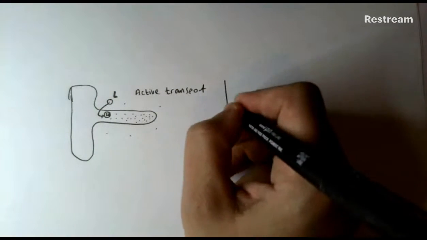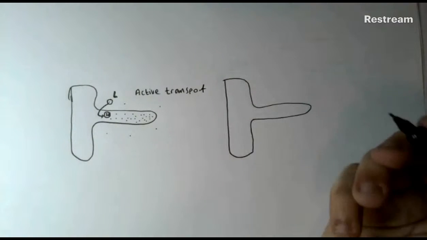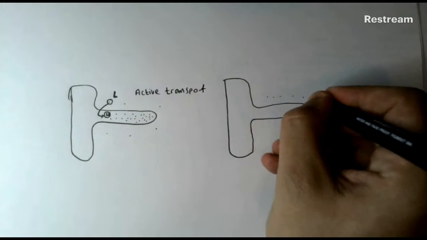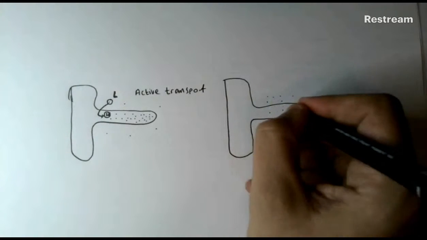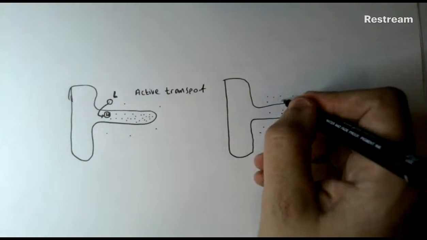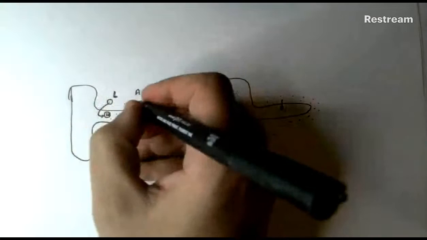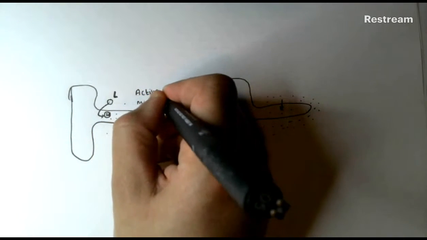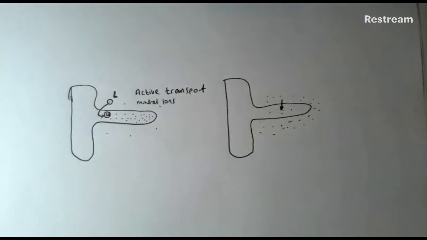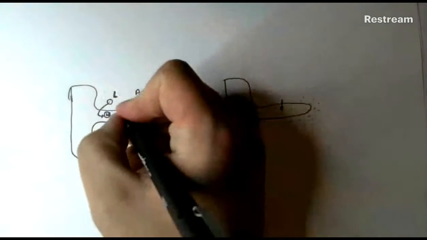Don't confuse that with diffusion or osmosis, because remember, osmosis is the movement of water from the soil where there is a high concentration of water into the root where there is a lower concentration of water. Active transport transports mineral ions from a low to high concentration, and it requires energy.